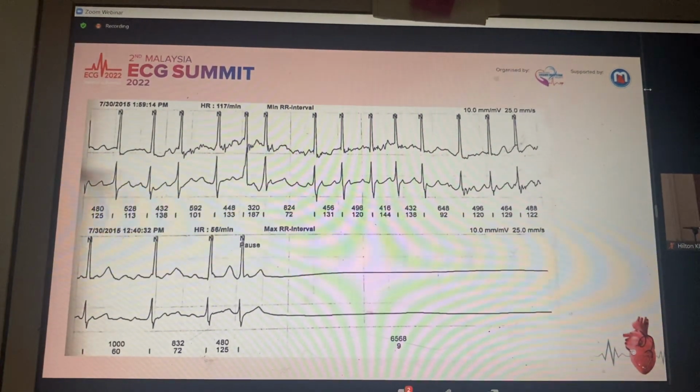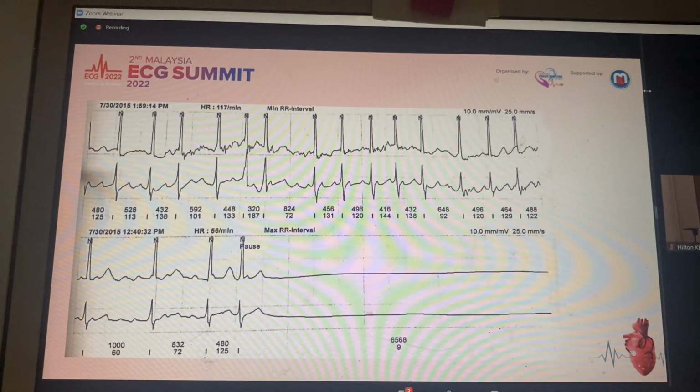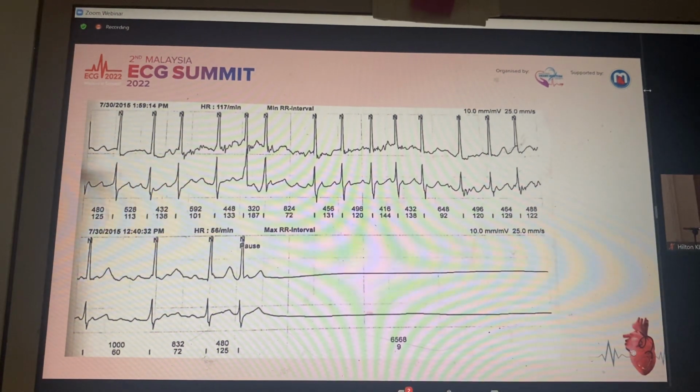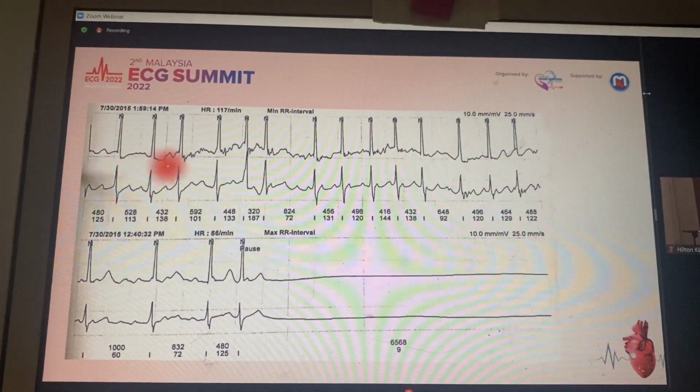Okay. So this one is the Holter that has been done in the hospital that referred to us. I'll give you time to look and see the ECG strip in the Holter. So here we can see that there are two types of arrhythmia.